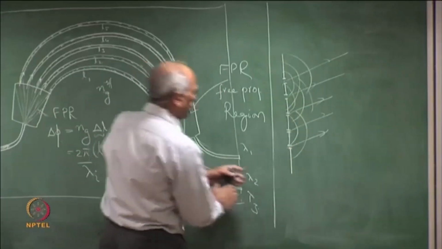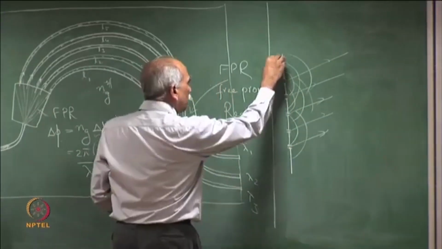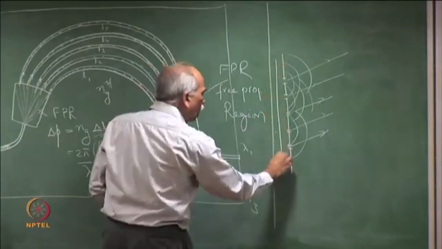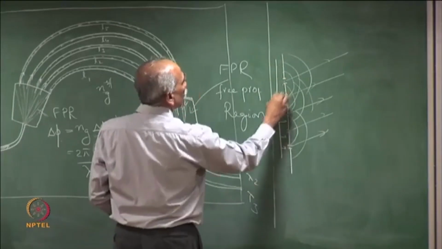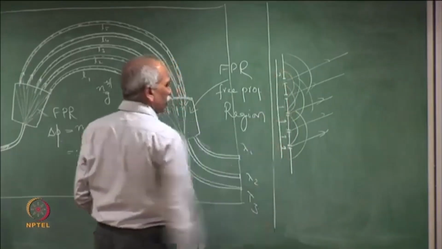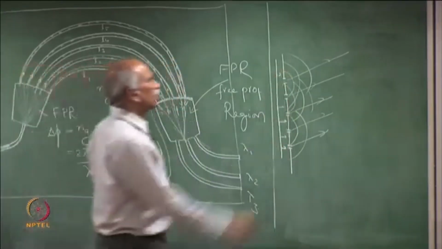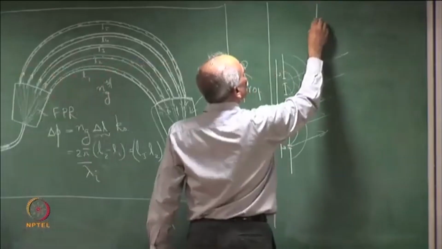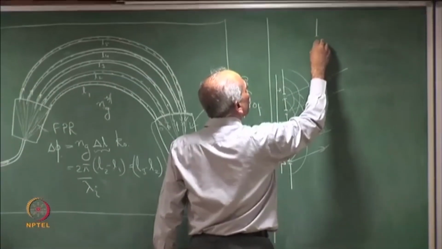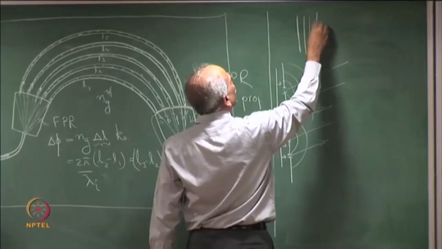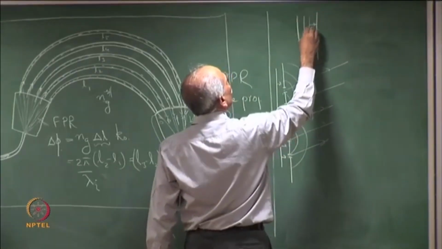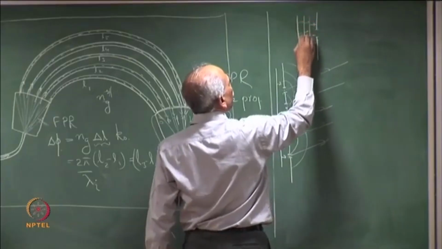If the input here is a plane wave, which means all the point sources, so this is the input, what I am describing is diffraction by a single slit. So, we are all familiar that in deriving the diffraction pattern of a single slit, a plane wave is incident here.